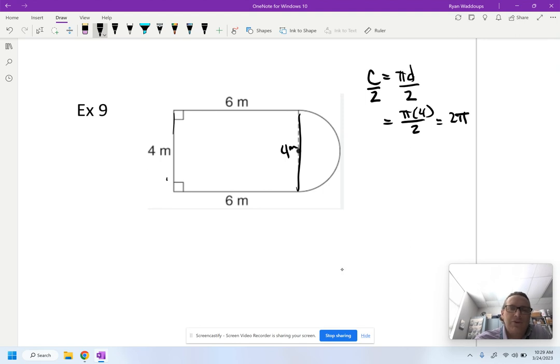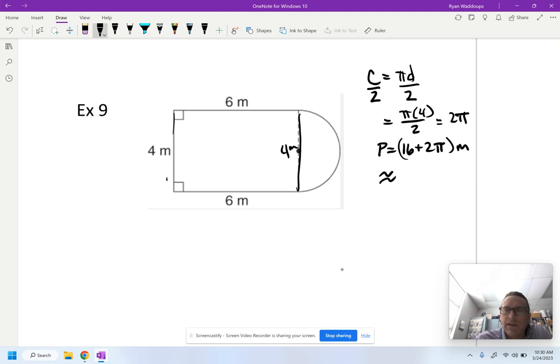And then you could add that to 4 plus 6 plus 6. 4 plus 6, 10, plus 6, 16. So the perimeter of this figure is 16 plus 2 pi. And all of that is meters.